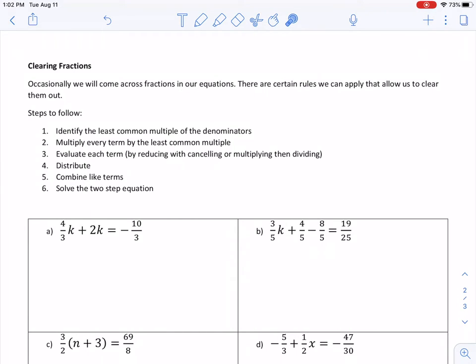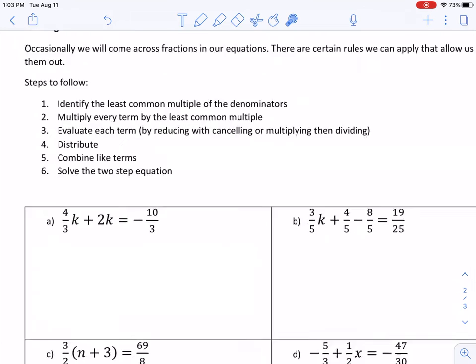That's the smallest number that's in common that they multiply into. Then I'm going to multiply every term by that number. Then I will evaluate each, so I'll work it out either by reducing with canceling or multiplying and then dividing. Then I can distribute, combine like terms, solve the two-step equation.